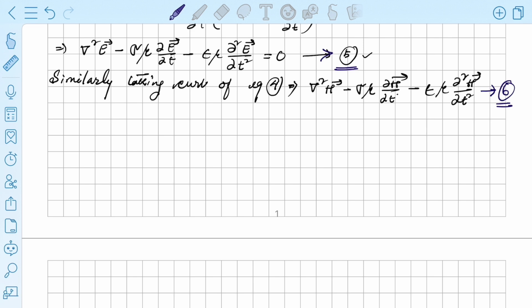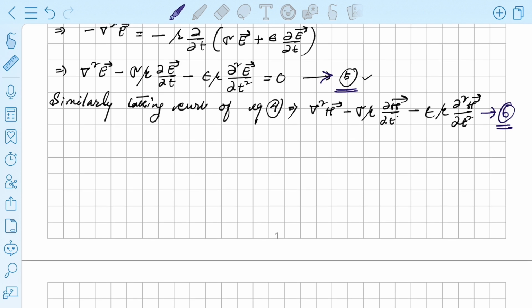Now you see, these equations are second order differential equations, and if the equation is of this form, then we can assume the solution of this equation. Let us assume the plane wave solutions of Maxwell's equation.